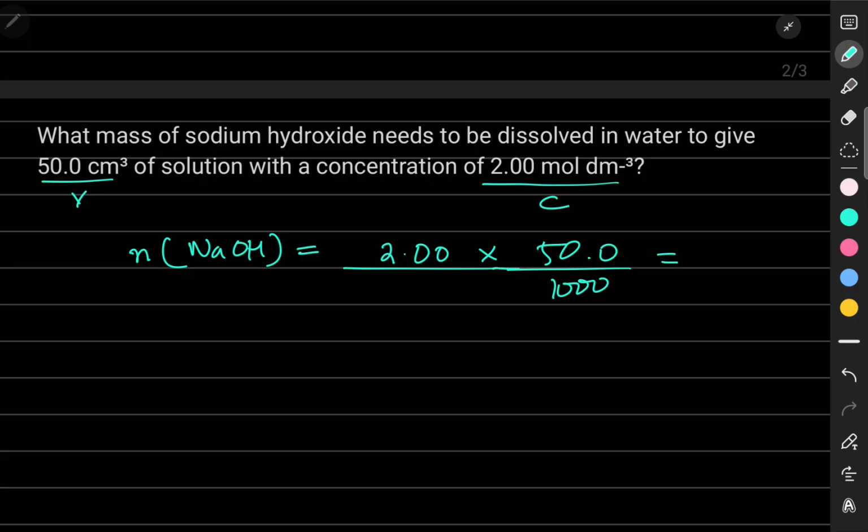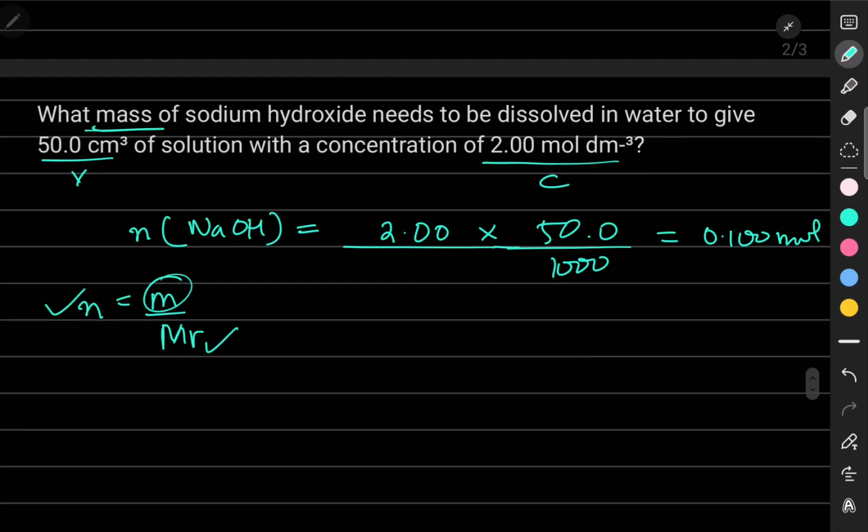That's going to give you 0.100 moles. What are we looking for? We're looking for the mass. Can I use this equation next? Yes, of course, because I want to find the mass. I can calculate the Mr. I have the number of moles, so it fits perfectly.